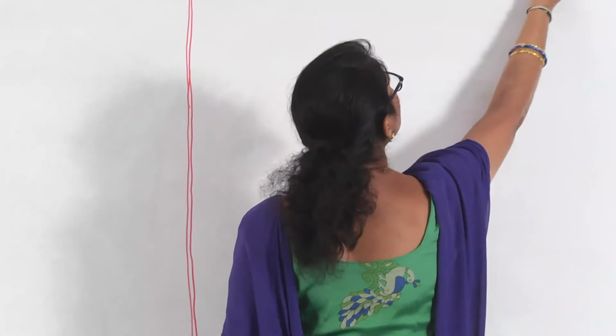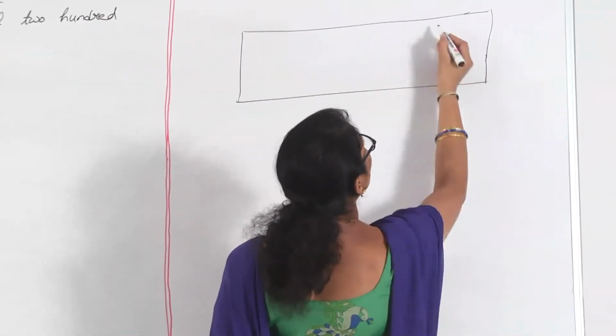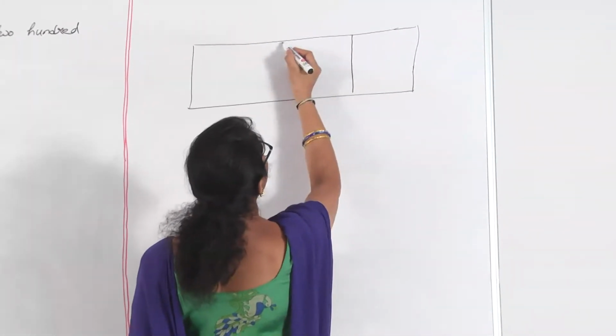So, in the Indian number system, we already know that it has periods and places.